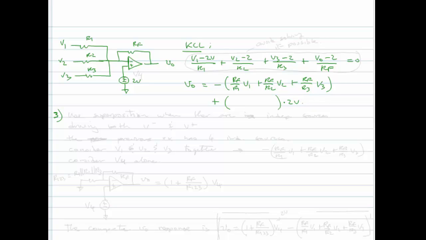So the next one is use superposition when there are independent sources driving both V minus and V plus.